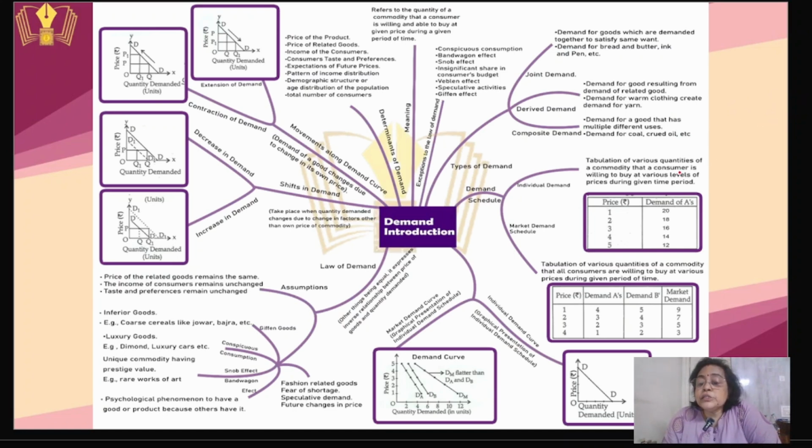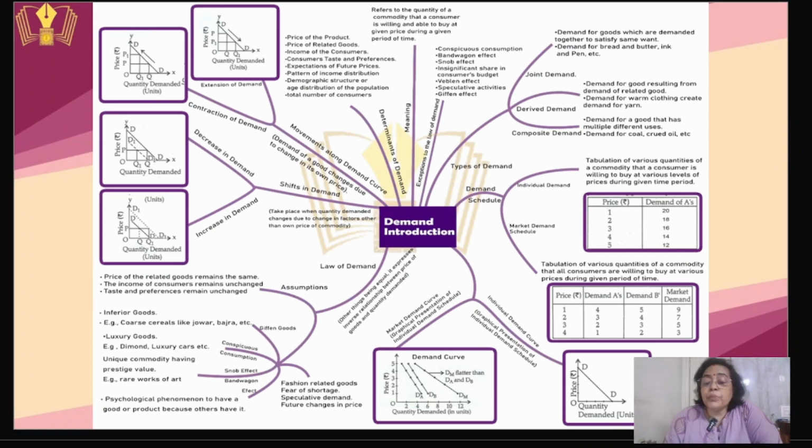Here you can see in this table, price is increasing 1, then 2, then 3, then 4, then 5, and quantity demanded of A is decreasing from 20 to 18, then 16, then 14 and then 12. So it is showing an inverse relationship between price and quantity demanded. As price is increasing, quantity demanded is decreasing. This is an individual demand schedule because we are taking only the demand for A, might be consumer A.